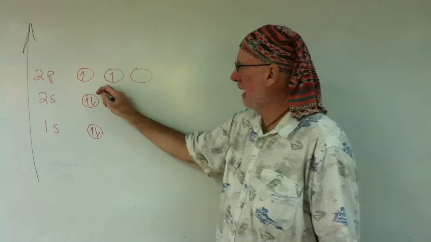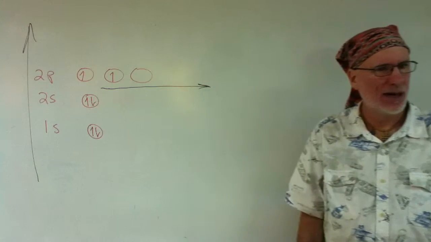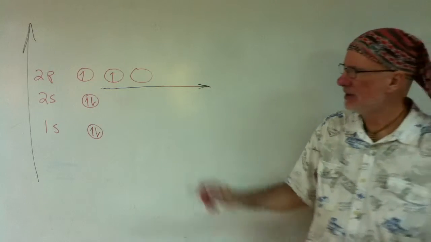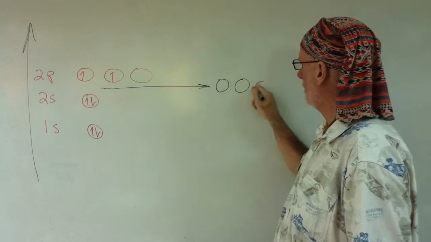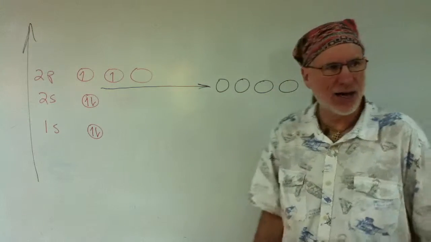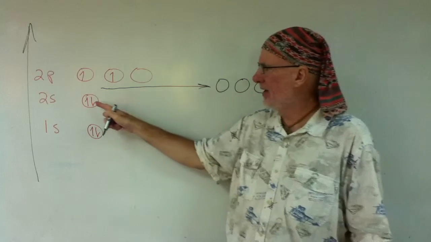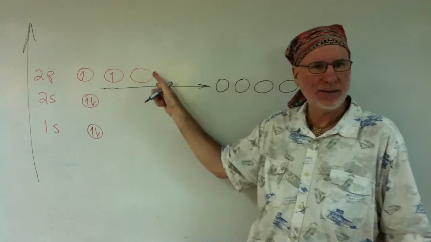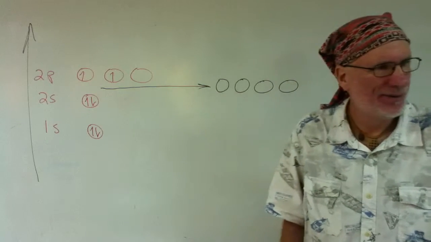Then I have this, I create this hybrid set of orbitals. These are called orbitals. And I get 4 equi-energetic orbitals. And it's made of an S and 3 Ps. So I'm just going to name it, right?